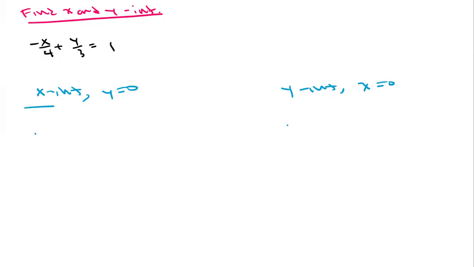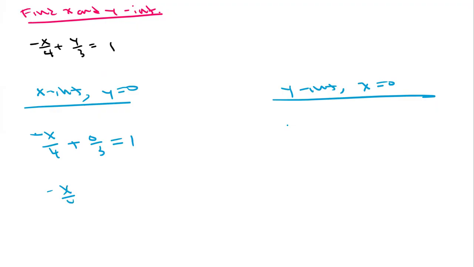So we'll have negative x over 4 plus 0 over 3 equals 1. Negative x over 4. 0 over 3 is just 0, equals 1. Then we multiply both sides by negative 4. So that gives us x equals negative 4.